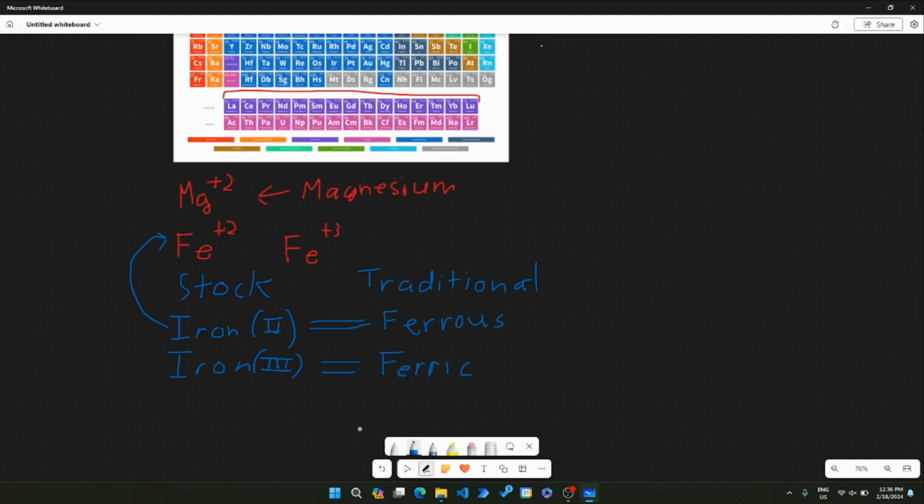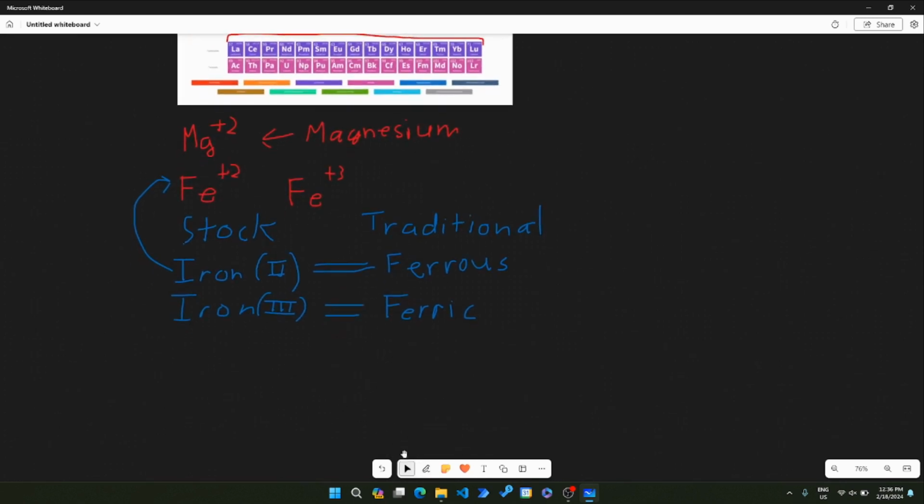In the case that an element doesn't have that older name, for example titanium, you have titanium(III) and titanium(IV) in the stock naming system.